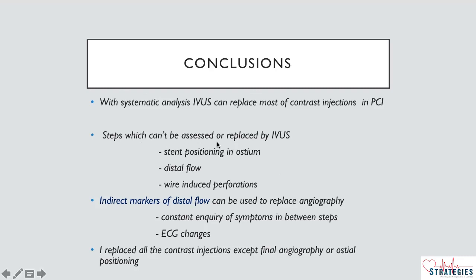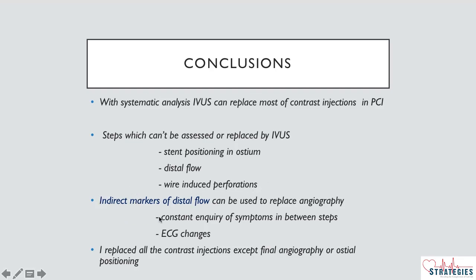Steps which cannot be assessed or replaced by IVUS are stent positioning in the ostium. This is one thing which may need some contrast, and distal flow of the vessel, but this can be replaced, and wire-induced perforations. So this cannot be assessed with imaging.